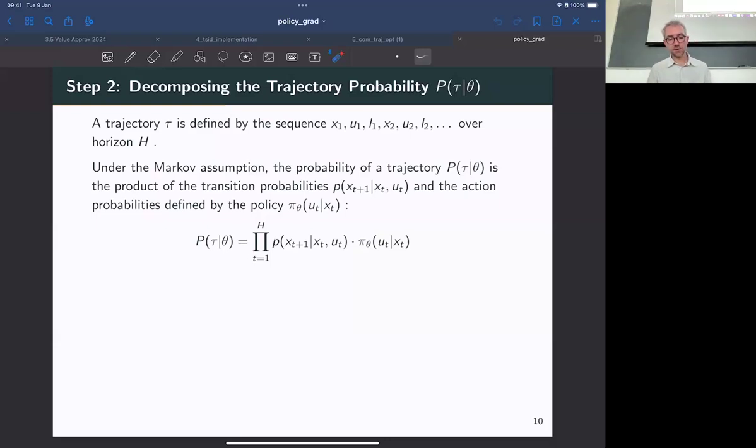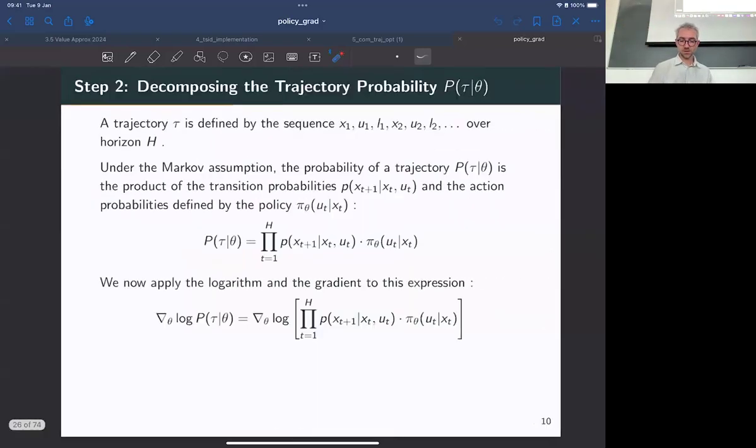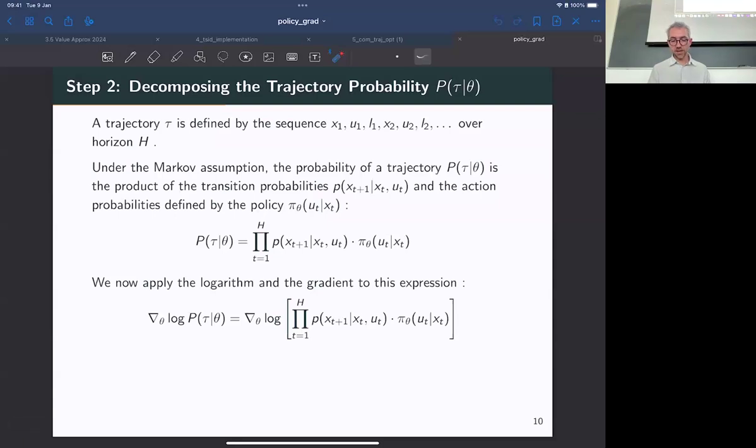Once we have written down this definition of the probability of a trajectory, now we can compute the term that we had in the previous slide, which was the gradient of the log of this probability. So we apply the gradient and the log, and now you're going to see why the log is key to making this tractable, because now we have the log of a product, and we know that the log of a product is equal to the summation of the logs.